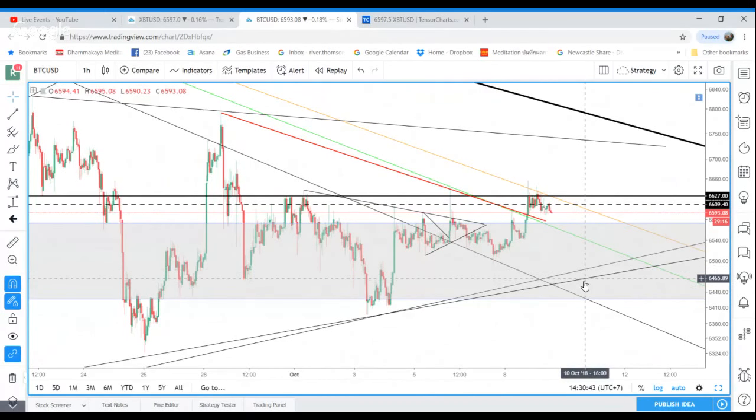So if we break through on our rising wedge, if that then breaks these, then we've broken the entire giant pattern that we're in. And of course, we can expect a stronger dump than just 6,300 or so.